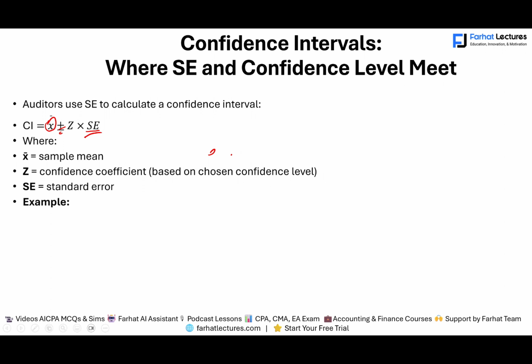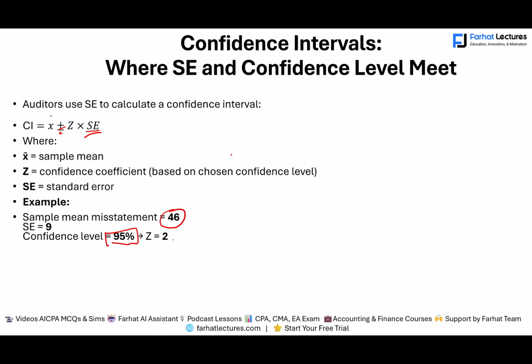For example, let's assume the sample mean is 46, X equals 46, the sample mean. Sometimes the average is shown as U. The standard error happens to be 9, and the confidence interval is 95%, Z equals 2.